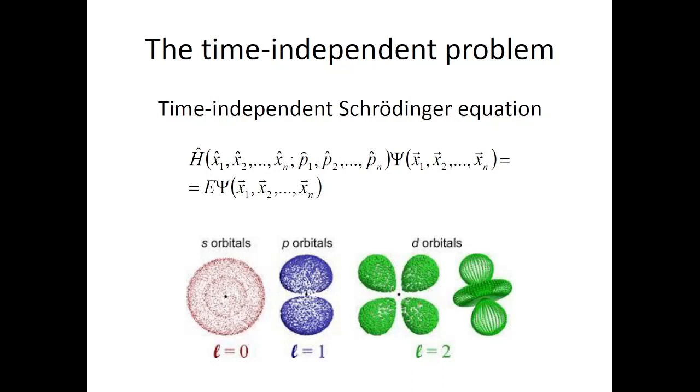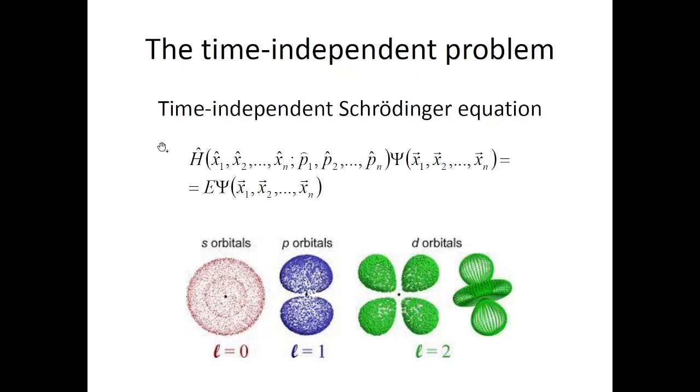The time-independent problem is important and has relevant applications in chemistry, for example. In this particular case, the equation that one uses for this kind of quantum system is the time-independent Schrödinger equation, which is shown here.